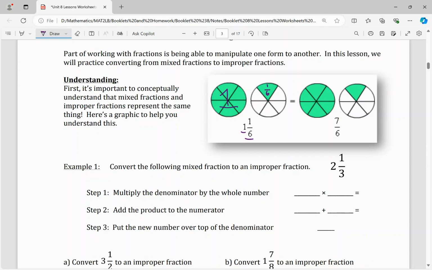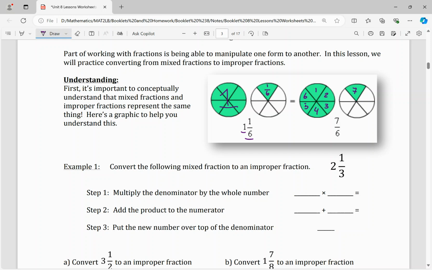Now, another way that we could count that is that instead of counting a full pie as 1, we could count all of the little slices. Each of our pies is broken up into 6. And out of those sixths, I have 1, 2, 3, 4, 5, 6, and then one more, 7 different shaded slices, giving me 7 over 6.